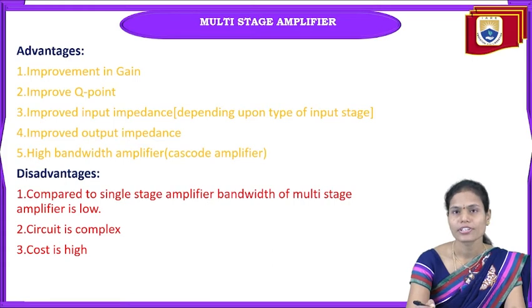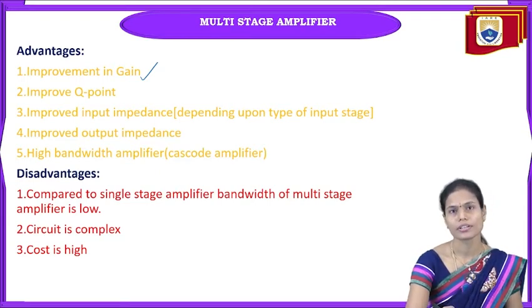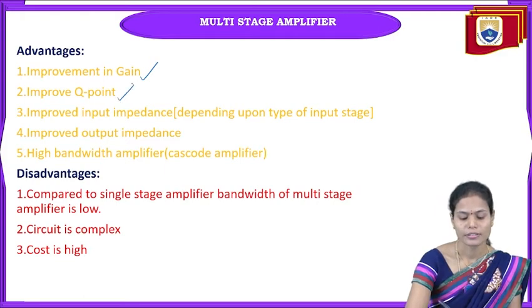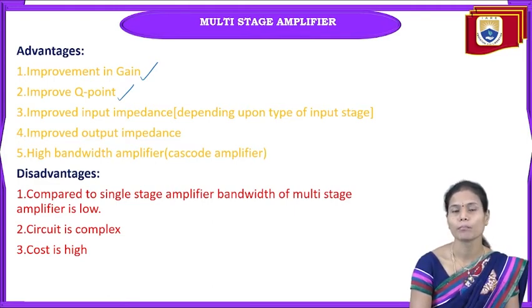So what are the advantages of this multi-stage amplifier? The first thing is the gain is increasing very high. According to how many stages we are increasing in the multi-stage amplifier, the overall gain of the system will increase. The improvement in the Q point, that is the operating point stability, will increase when we connect more stages.